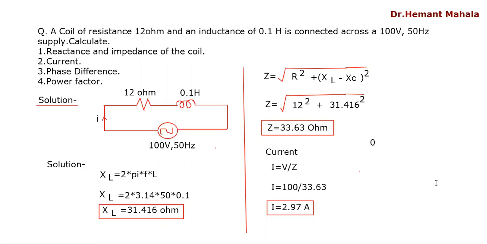So phi is equal to tan inverse XL by R. Okay, so the angle came out to be 69.1 degree.